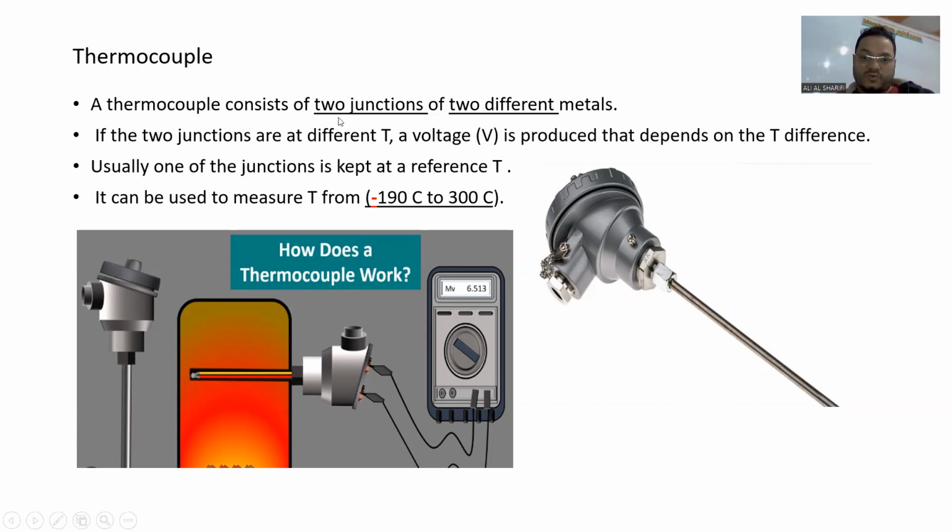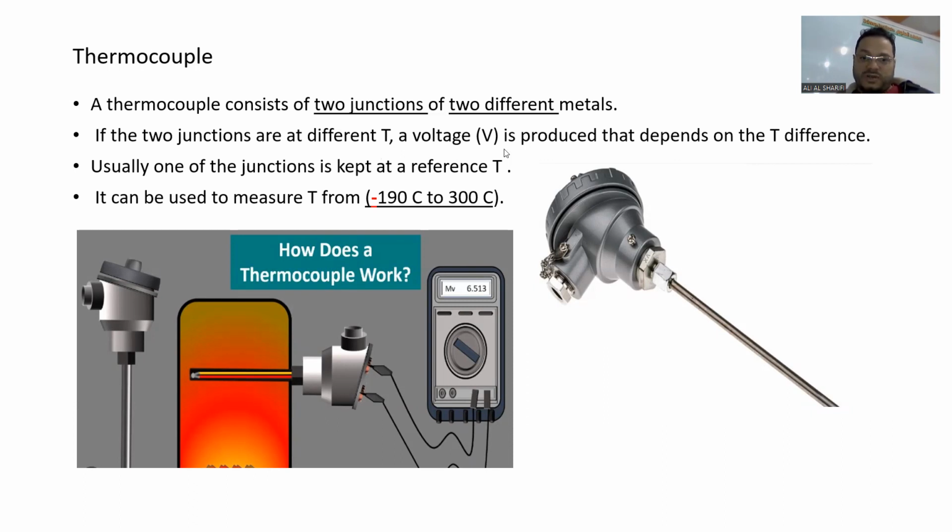A thermocouple consists of two junctions of two different metals. Here we have two different metals; each junction is a different metal from the other. If the two junctions are at different temperatures, the thermocouple will determine the temperature we need.